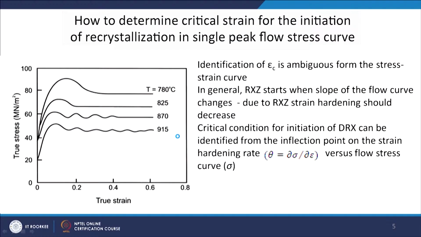Now, how to determine the critical strain for recrystallization in single peak flow stress curves. This is what we want to know: at what point is the critical strain where recrystallization has started. Because you have to corroborate all these ideas with microstructure.